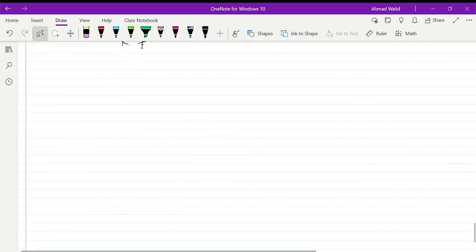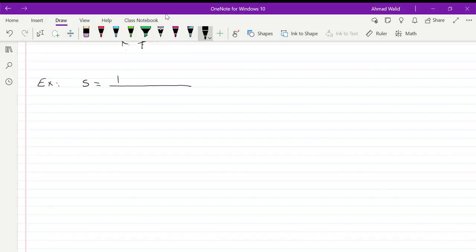Another example from your book. Find the domain. S equals 1 over t squared minus 6t minus 7. A position function.